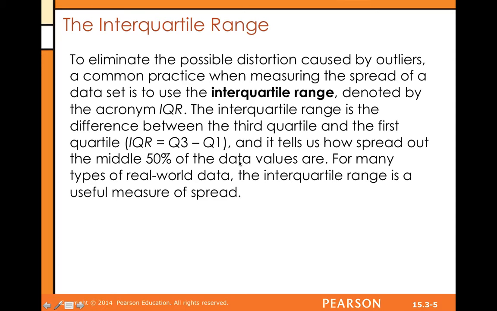And so remember that half of the data lives between Q1 and Q3, and 25% lives below Q1, and the other 25% lives above Q3. So the interquartile range is trying to tell you how spread out the middle half of the data is. Okay, so again though, the interquartile range is just a difference of two numbers. It's just measuring Q3 minus Q1, which is just the distance from Q1 to Q3.